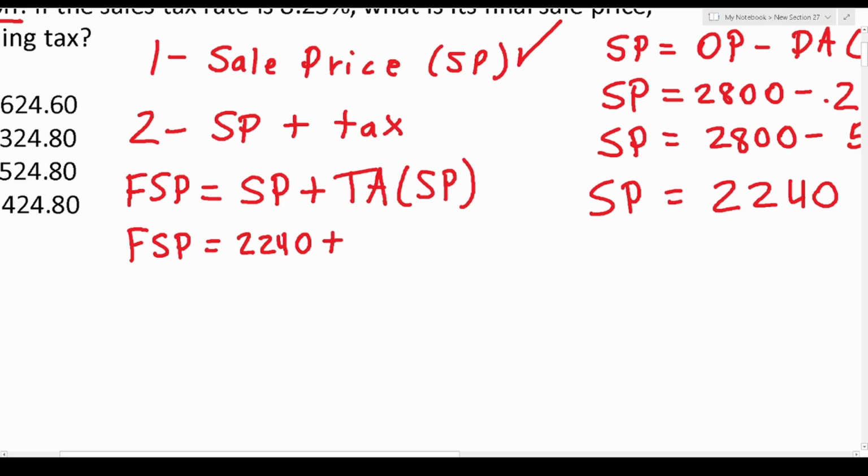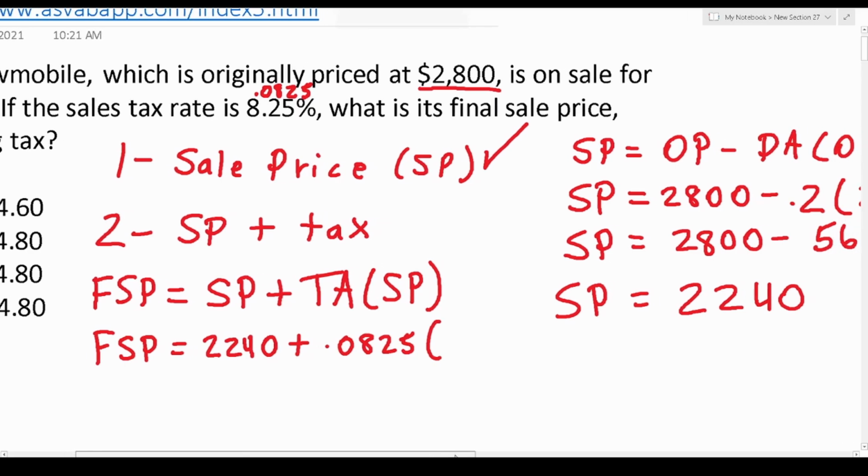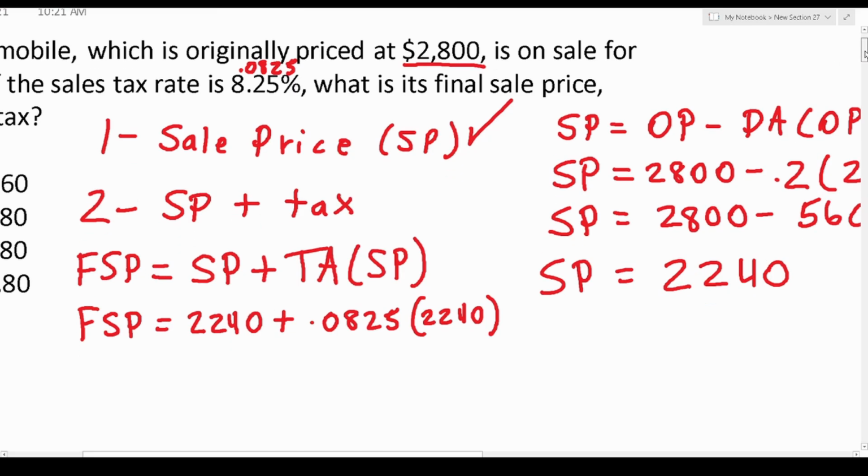And let's go back to our problem to see what that was. Tax amount was 8.25%. Again, we're always going to use that in decimal form. So that's going to be 0.0825. So this is going to be 0.0825 times the sales price. So that's going to be $22.40. Okay, so let's go ahead and work this out, and we'll be done with this one.